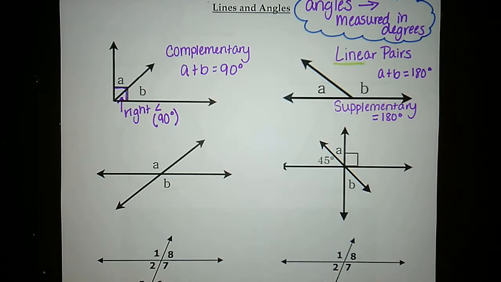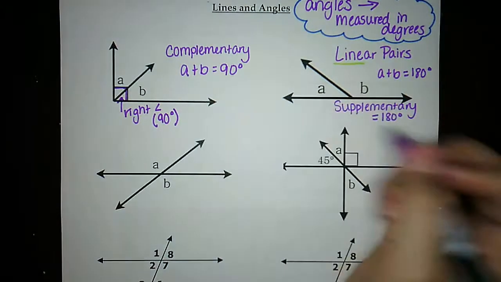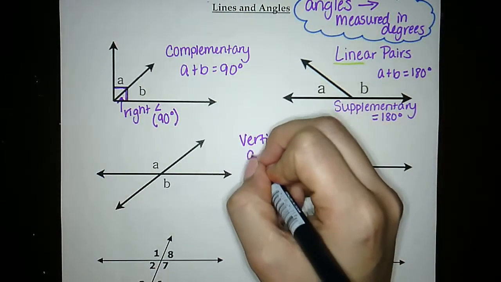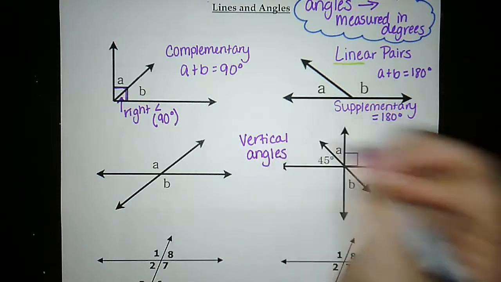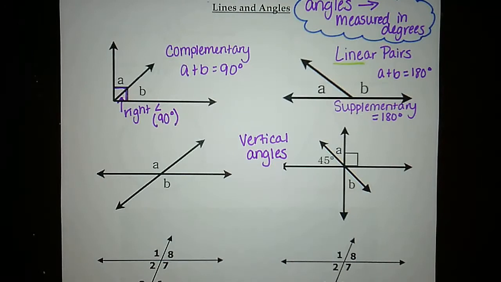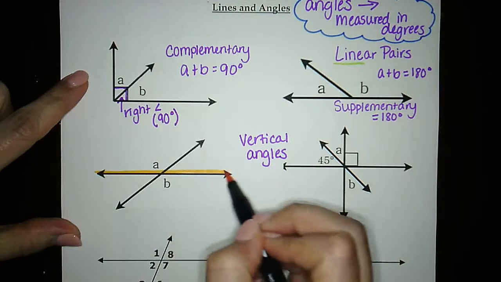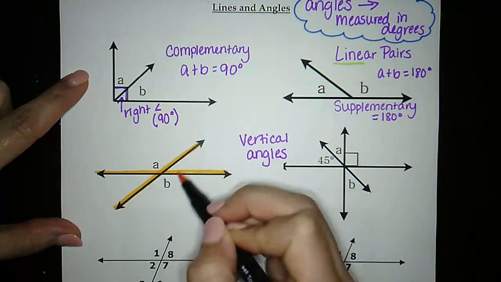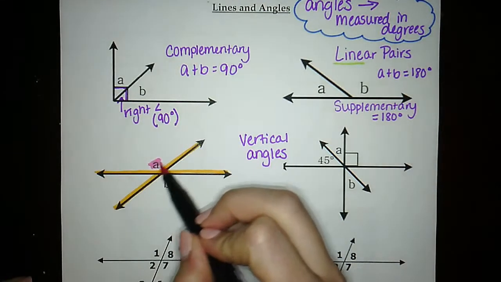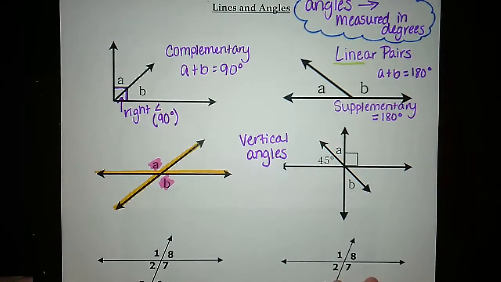Okay, another one that you guys have seen before are vertical angles. So right here, both of these sets are vertical angles, and I'm going to show you why. So if I can do a crisscross with my lines, so if I can draw straight lines, then I see that they crisscross, and I furthermore see that these two angles are linear pairs.